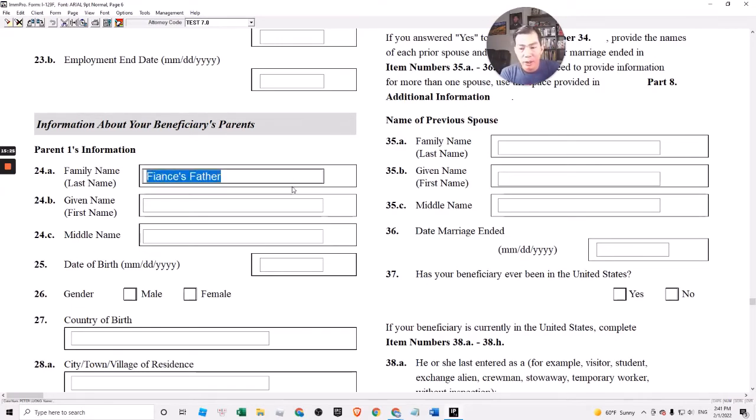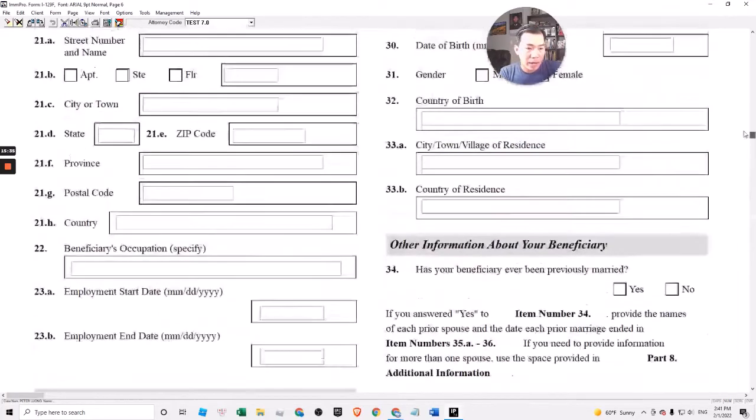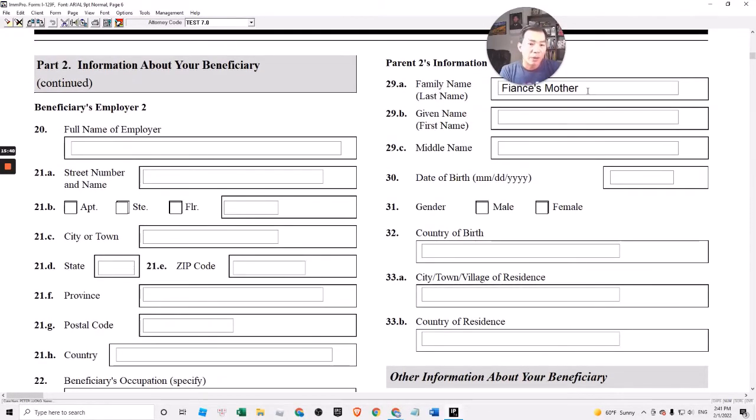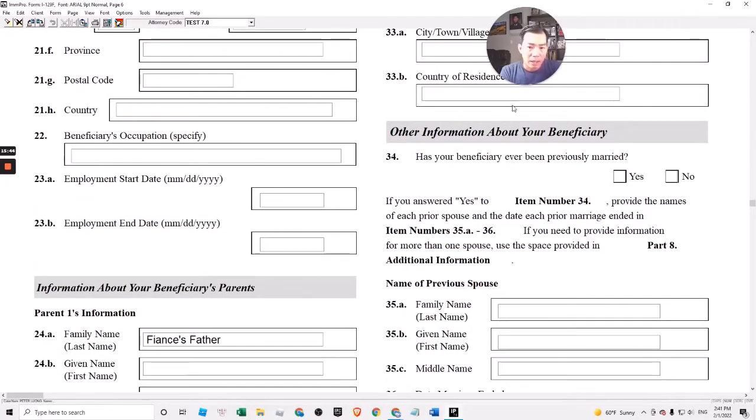Simple, just put their father's information here: date of birth, gender, country of birth, city of residence, and country of residence. The same thing on the right column, parent number 2 of your fiancé. We go down to the next item, other information about your beneficiary.